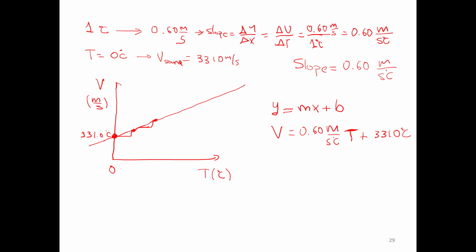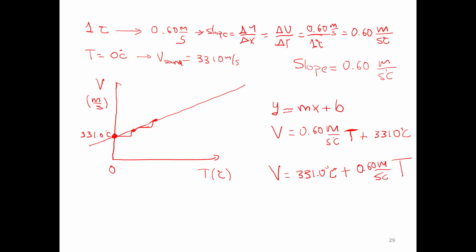I'm going to rewrite this one in the way it's in your textbook. It's the same thing, but I want to write it the same way as in your textbook. These two equations are the same, but in your textbook it is like that.